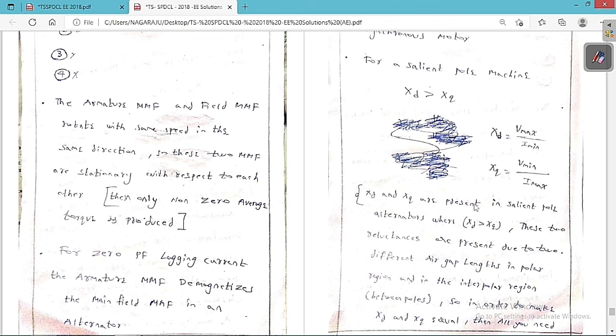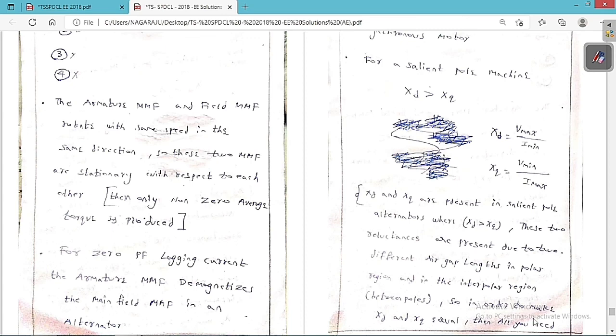See, XD and XQ are present in the salient pole alternators where XD is greater than XQ. These two reactances are present due to two different air gap lengths in the polar region and in the interpolar region between poles. In a salient pole machine, the air gap between the rotor and the stator is not the same, it is varying.